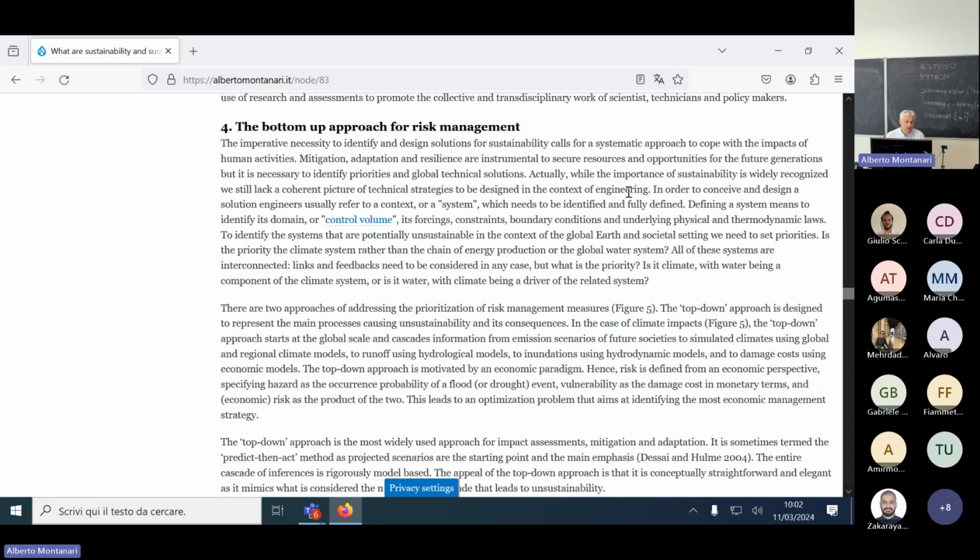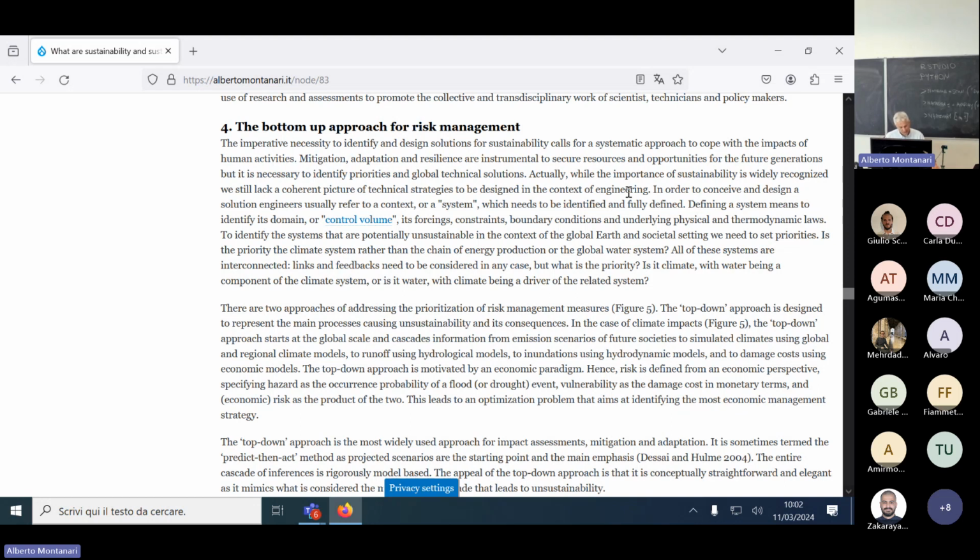In this case it's called risk management, but you can ask the same question for any problem related to environment, society, and economy. So what kind of approach?